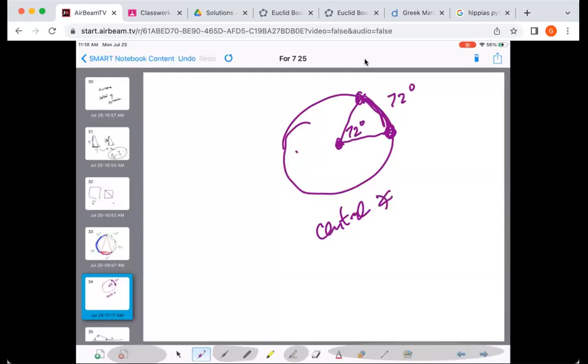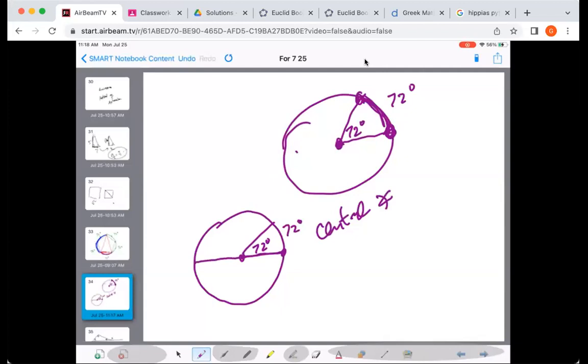Now, imagine I take this 72-degree angle and I make it this way, so that one of the sides is horizontal. And then I extend this to be a full diameter.